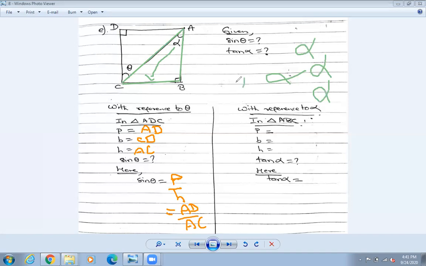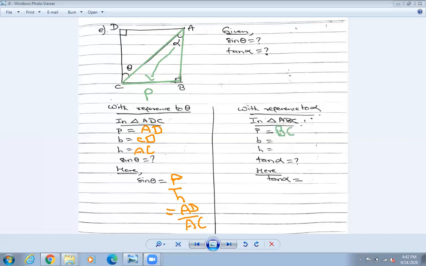Now, the opposite of the reference angle is called what? Perpendicular. So what is the name of this perpendicular? B and C are there, so let us write BC.